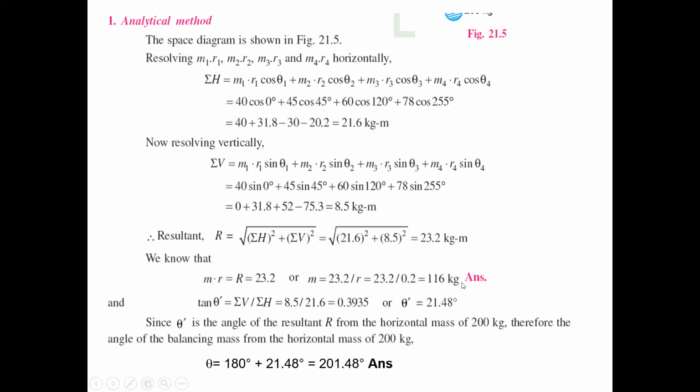So the balancing mass is how much? 116 kg. Now we have our balancing mass, and additionally we need to find the direction.